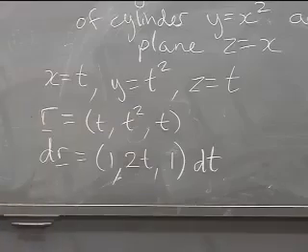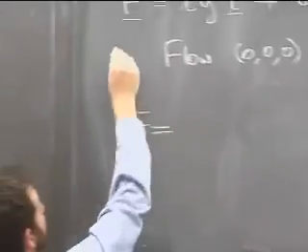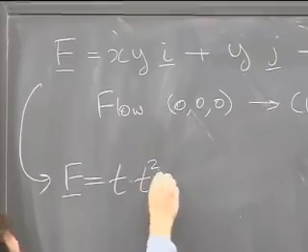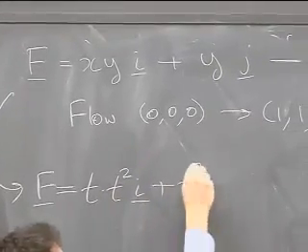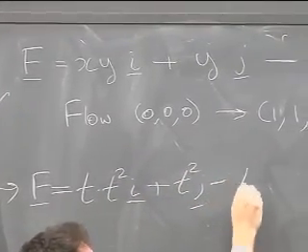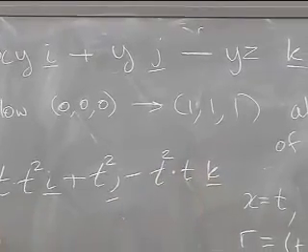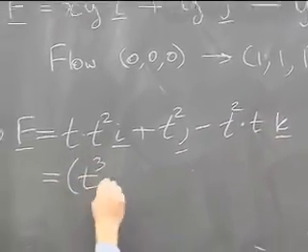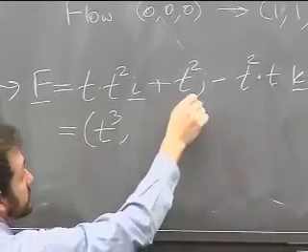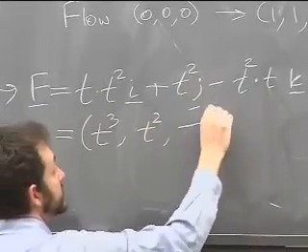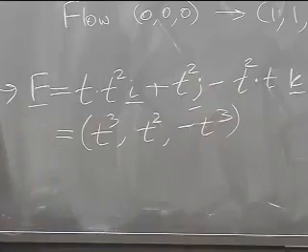Also, F is equal to x is t, y is t squared, and z is t. So that works out as t cubed i plus t squared j minus t cubed k.